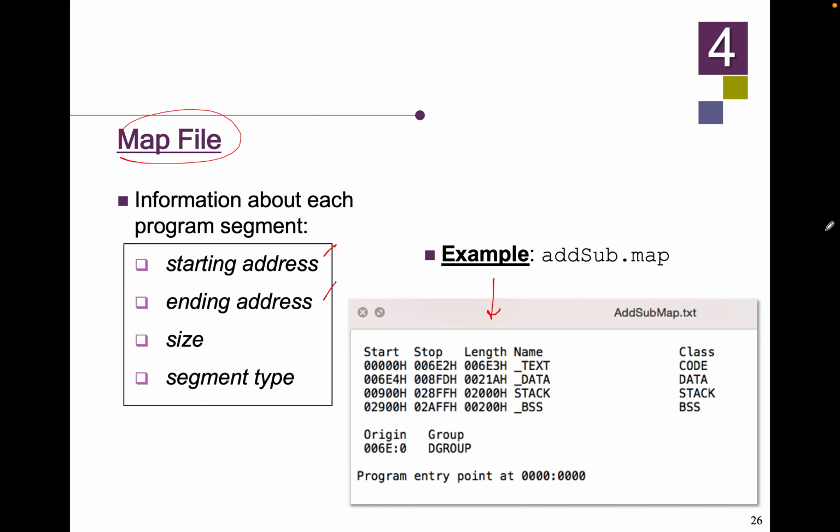You can see you have the start, stop, length, name, class there. So just as an example, you need to know what the segments inside your map file are.